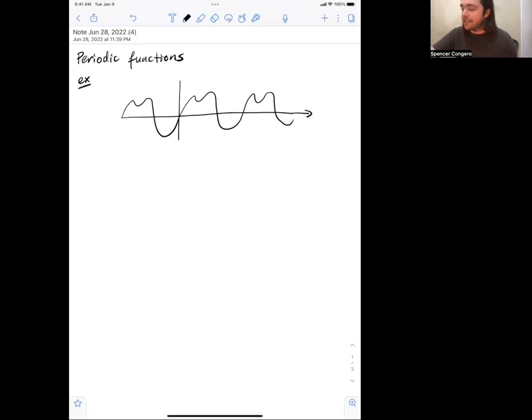So let's say this is a periodic function, which we don't know what that means yet, but you might have some idea. And I usually use these dots here to say that I want this function to repeat in either direction forever and ever. Okay, so f of t repeats forever in both directions.